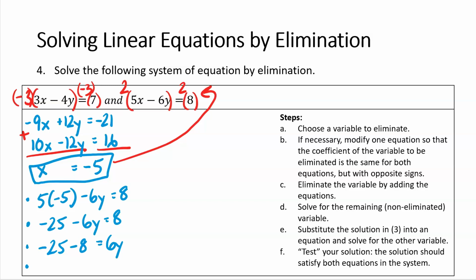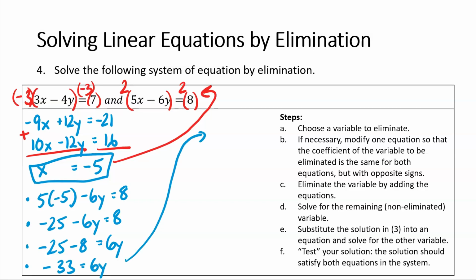Negative 25 minus 8 is a negative 33 equals 6y. Y then equals negative 33 over 6, which is, as a reduced fraction, 11 over 2. So y equals 11 over 2. Sometimes you just can't escape fractions.